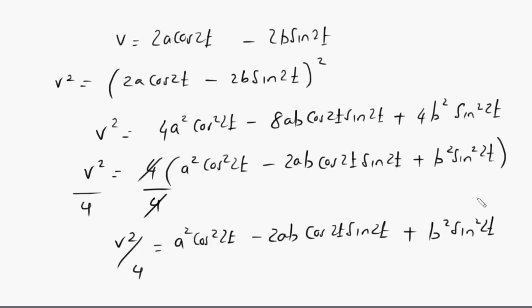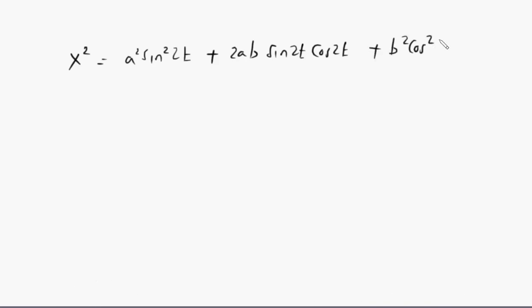So remember now, x squared tuli expand zile, tulipata ni a squared sine squared 2t plus 2ab sine 2t cos 2t plus b squared cos squared 2t.